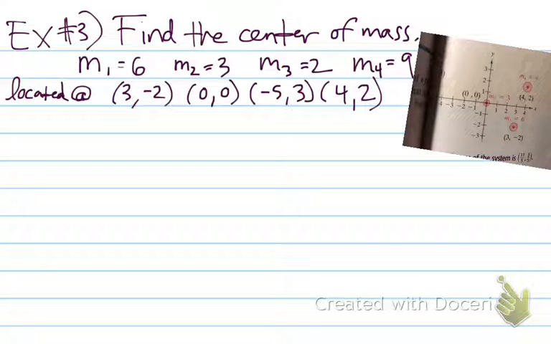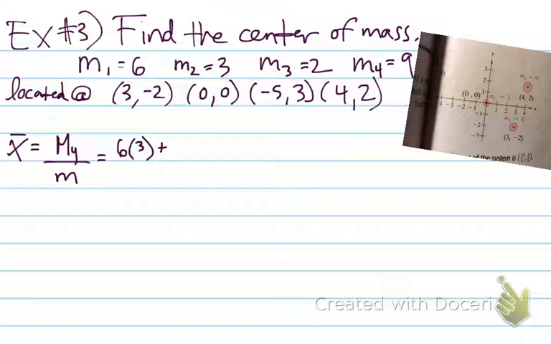So if we look at the coordinate, remember that for x bar, let me write this out, x bar equals M_y, remember it's the opposite one, over m. So M_y says to take all of the masses and multiply them times the x-coordinates and add them together.